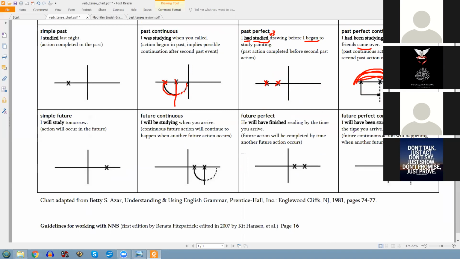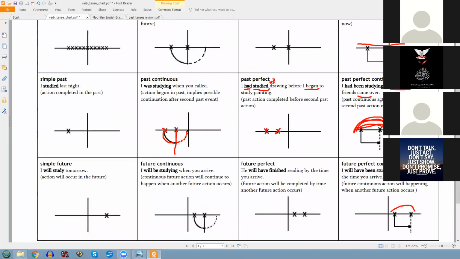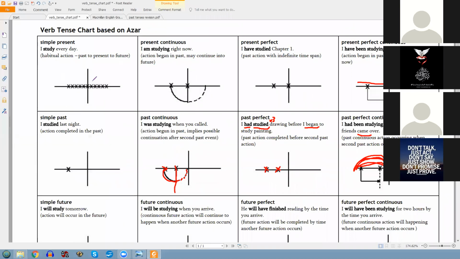If you look at future, it's basically saying that you anticipate the amount of time that you'll spend in the future. Does anybody have any questions about past perfect continuous before we move on? Any questions or comments about any of these so far?